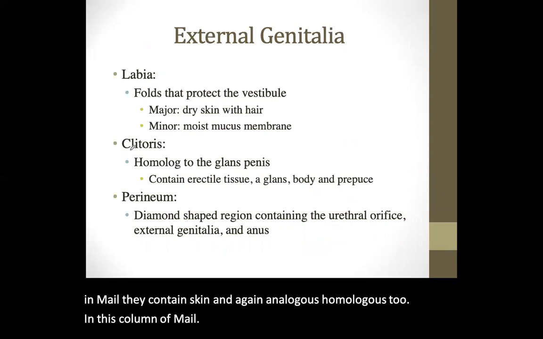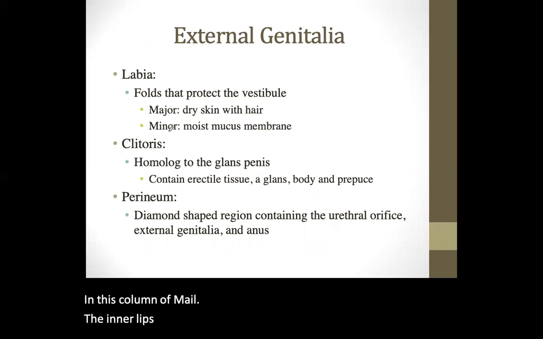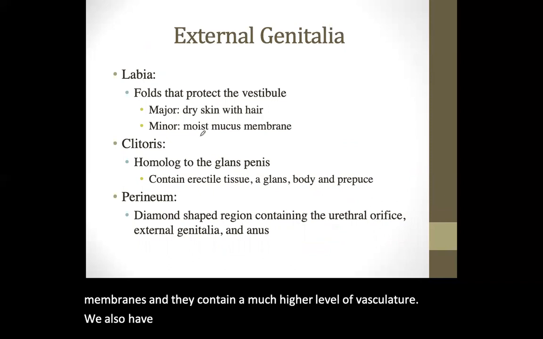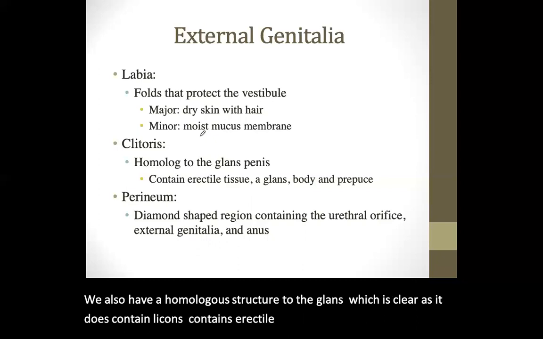The inner lips are referred to as labia minora. These are moist mucous membrane, and they contain a much higher level of vasculature. We also have the homologous structure to the glans penis, which is clitoris. It does contain, like glans penis, erectile tissue that can be also covered with the folds of the genitalia.